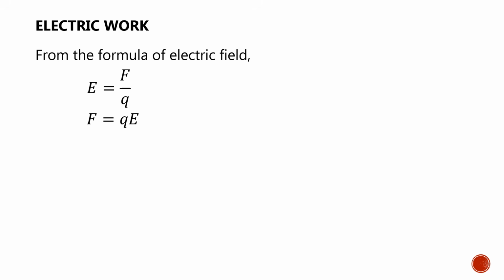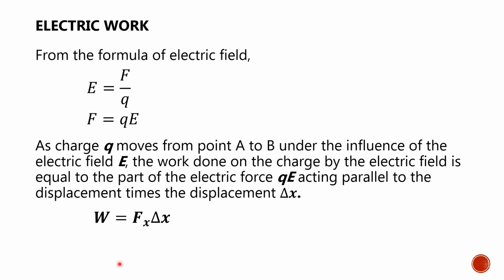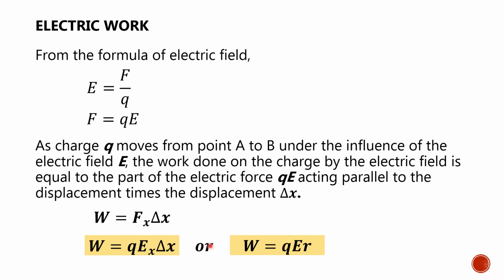When the charge moves a displacement in the direction of this force, the work done by the electric field, using this formula and the mechanical work formula, is Q times E. Make sure that only the component parallel to the displacement, just like in mechanical work, is multiplied to the displacement. Or if we're using R for displacement, it's Q times E times R.